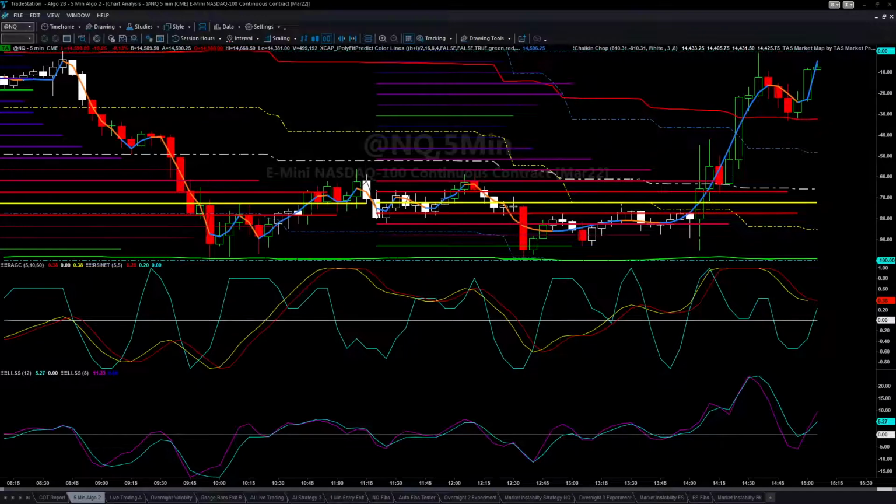Alrighty, 3 p.m., and this looks like it might be fizzling out. Did I get anything there? Nope. Oh, the 1 hour looks super strong on this.